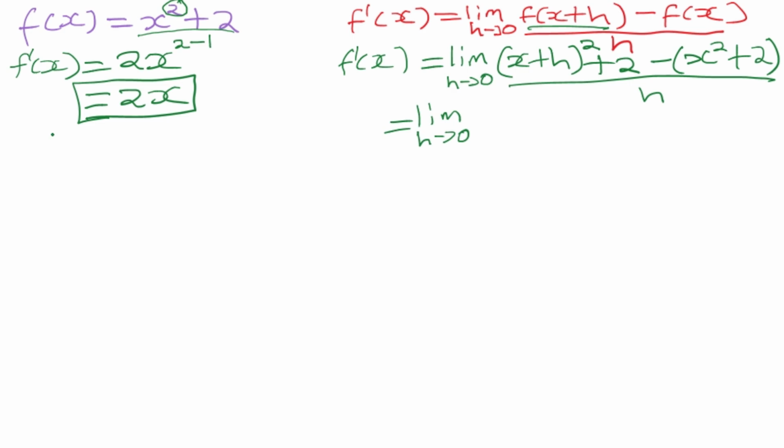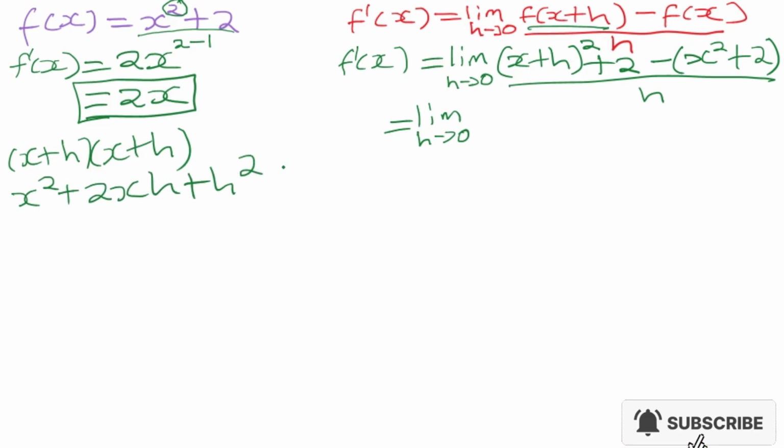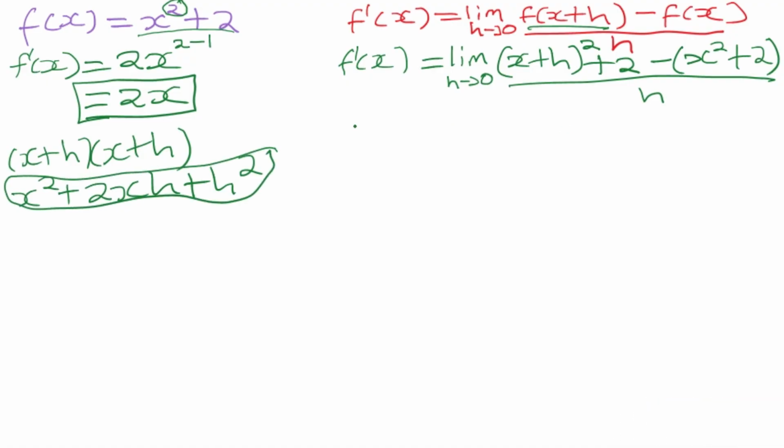When you expand it, that means you'll have x plus h, x plus h, and when you multiply out the brackets, the answer that we are going to get will be x squared plus 2xh plus h squared, like this. So now we take this and substitute it there.